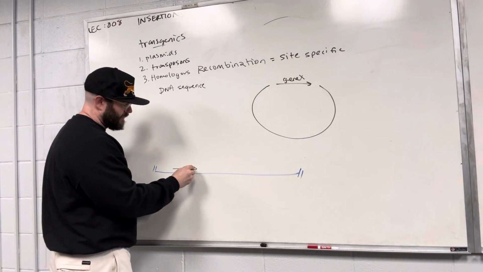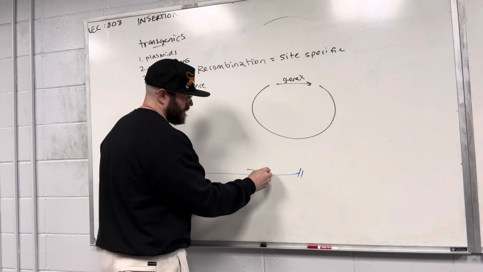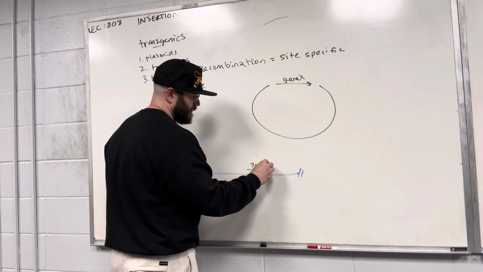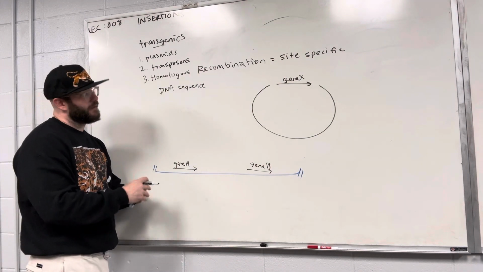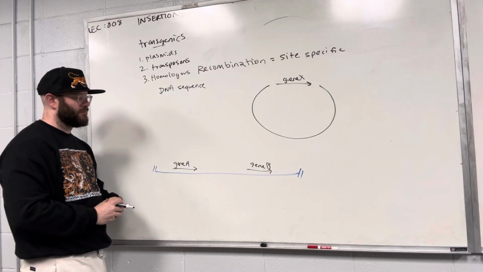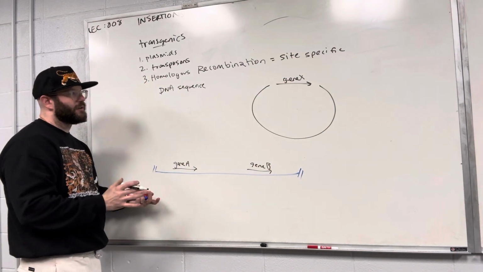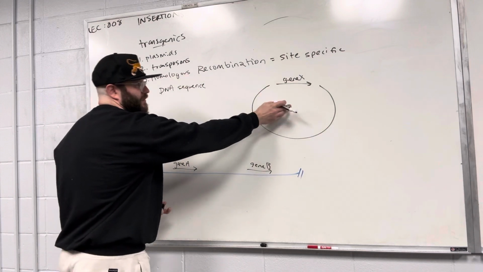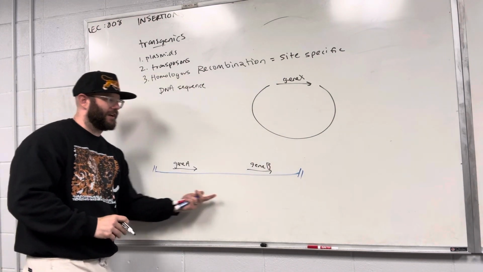So let's say this is gene A, gene B. Let's say we want to construct an insertion via homologous recombination between gene A and gene B. What should we do? How should we change this plasmid to get a homologous recombination between gene A and gene B?